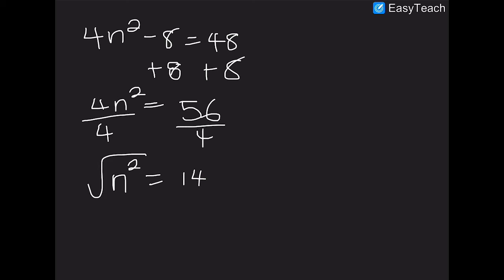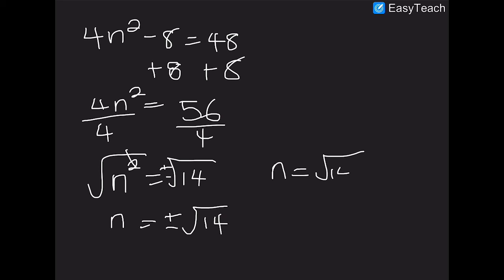Now we're going to square root both sides. Remember your plus minus. It's really, really important. We're going to be left with n equals, what's the square root of 14? That's really hard, it's going to be some decimal. So usually you can just leave it as plus minus square root of 14. If you left it as n equals square root of 14 without the plus minus, that implies something else and you could get some marks taken off.